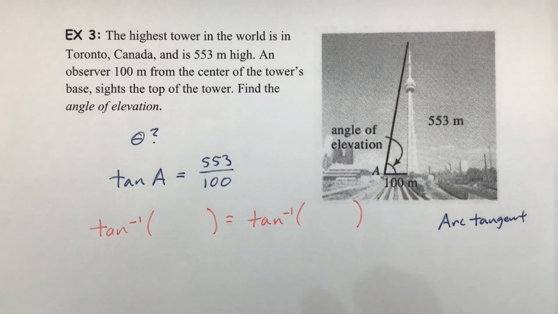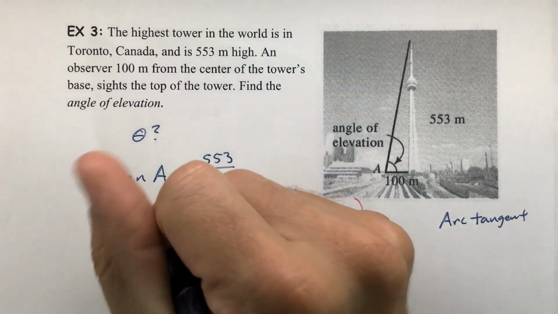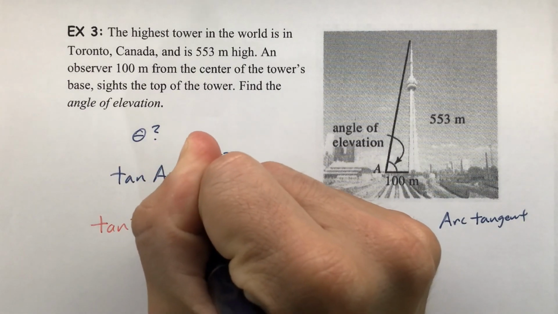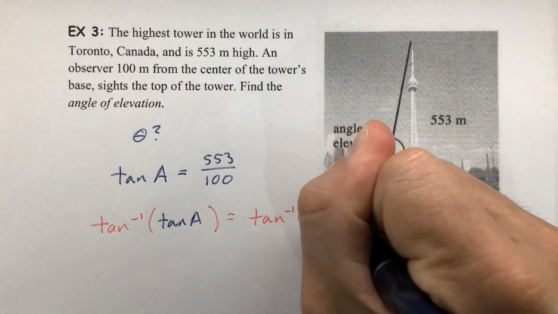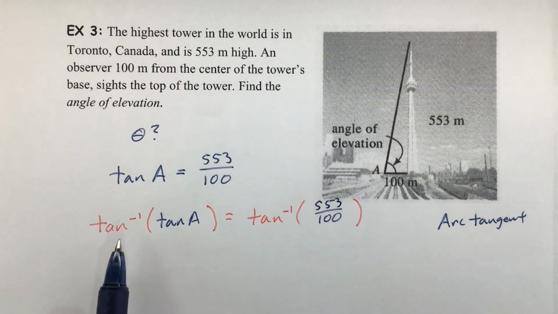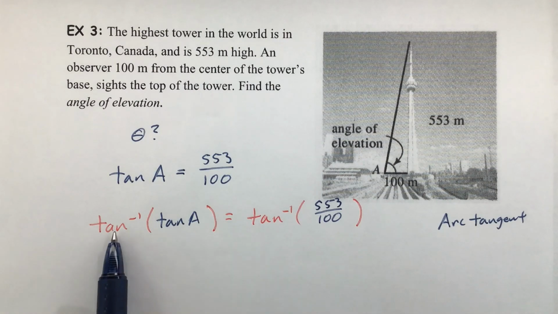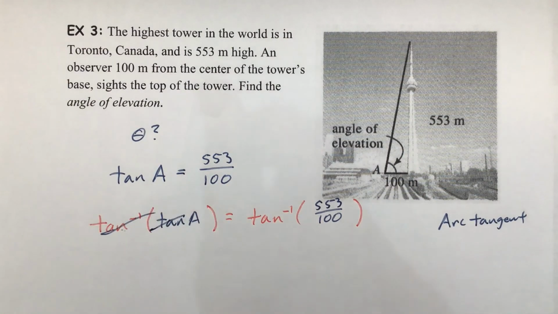But we're going to take both of these and put them in the inverse. So we've got tan A here, and 553 over 100 there. This inverse is going to undo what tangent has done. So if we took the tangent of A and then we undo the tangent, we just get A.